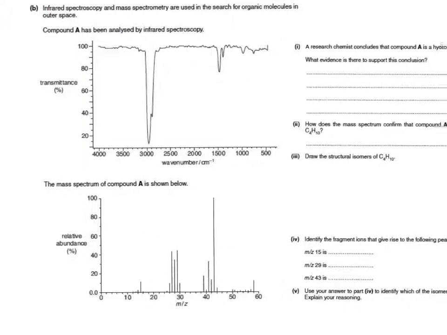For this question, we have an IR spectra and a mass spectra fragmentation pattern for an organic molecule. At the moment it doesn't make much sense to us, so we need to look at what the questions are asking about this data. So, part 1 asks us to consider the evidence for the fact that this organic molecule could be just a simple hydrocarbon.